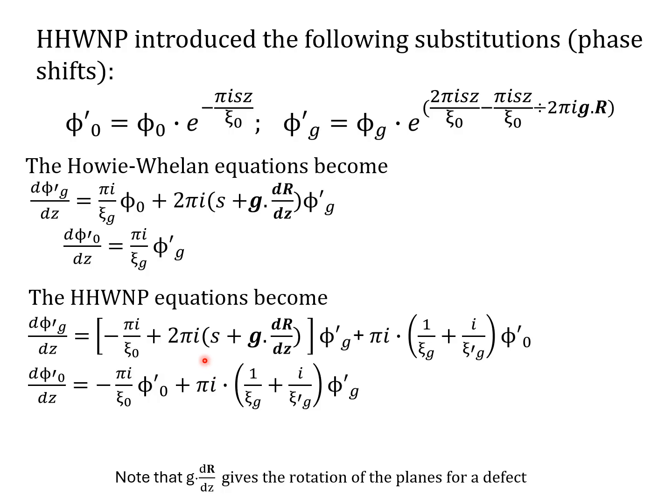You'll notice that the S and the deviation from G, or the scattering effect of defects, dislocations, and stacking faults, when you make these substitutions, it's extracted from the exponential form, and it just becomes a multiplier in this particular case to some new wave amplitude.